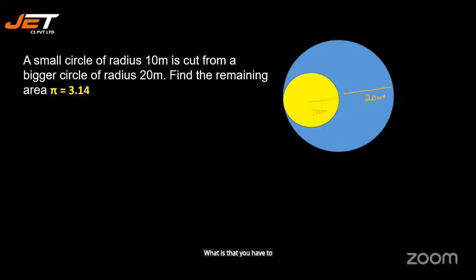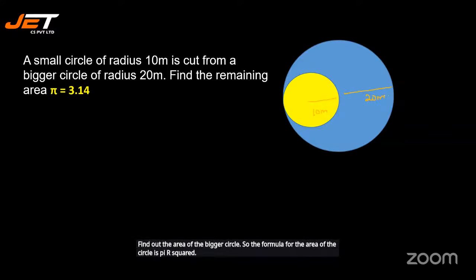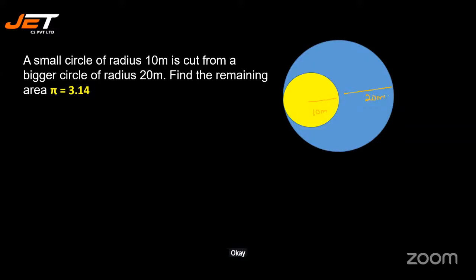As I said, find out the area of the bigger circle. So the formula for the area of the circle is pi r square. Okay. Right. So as I have drawn here, area of the bigger circle.